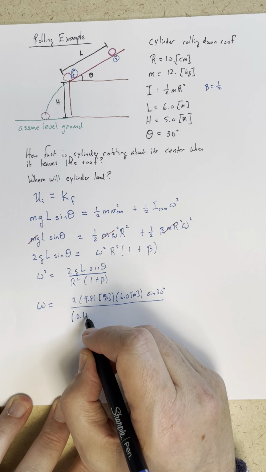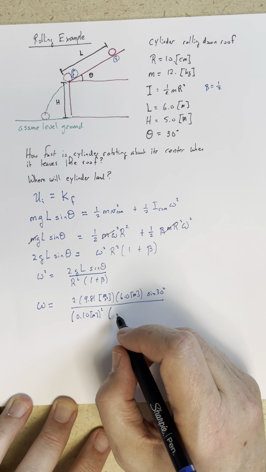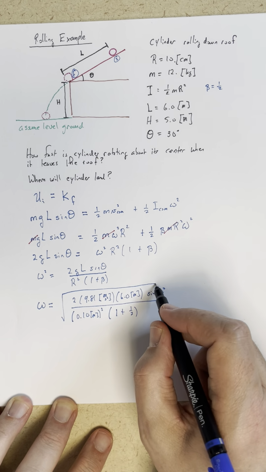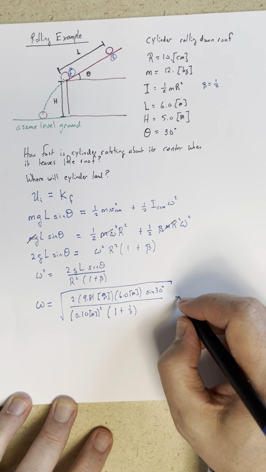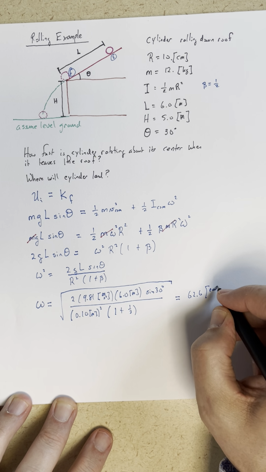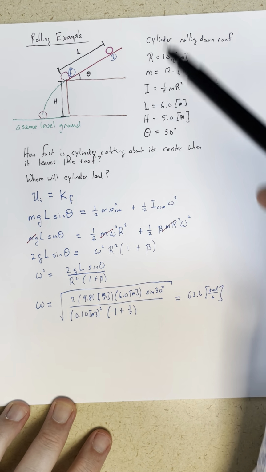R squared gives me 0.1 meters quantity squared, and this gives me 1 plus a half, or 3/2. It's all under the radical, and that gets me 62.6 radians per second in the final state.